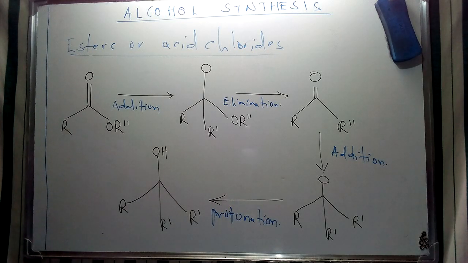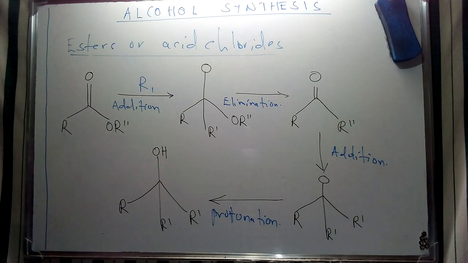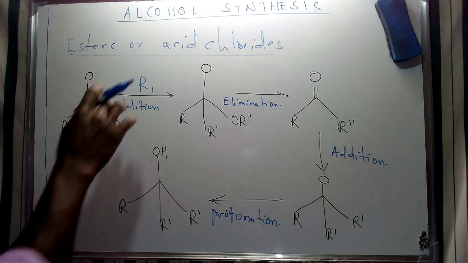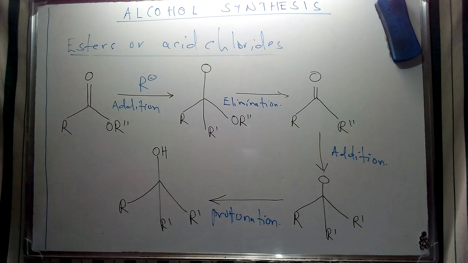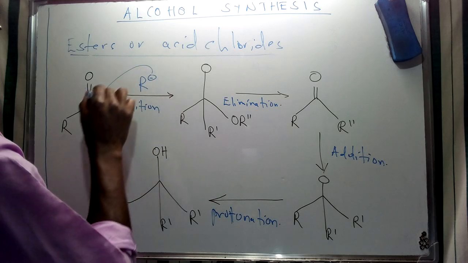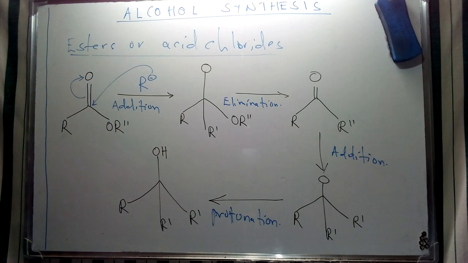Now, in trying to illustrate the reaction mechanism that is going to result in this particular formation of alcohol, we're going to have that radical group. This is a carbanion from what we had referred to as a Grignard reagent that is going to attack this carbonyl carbon at this specific point, and this is going to lead to the movement of electrons to this specific point.